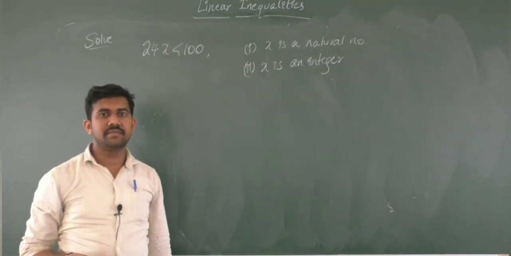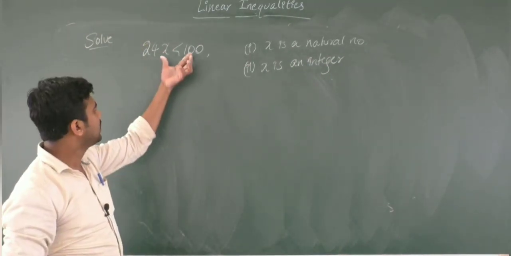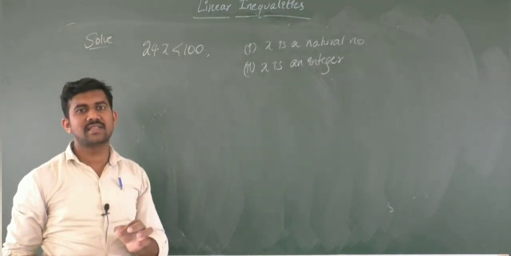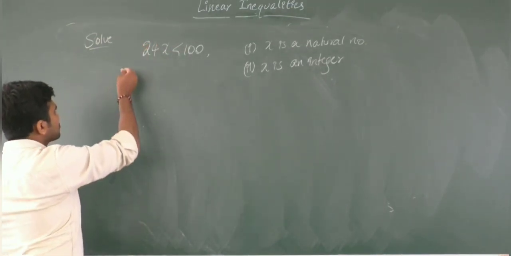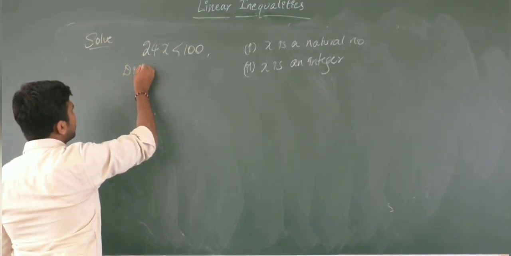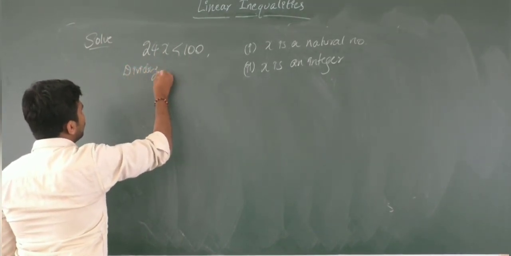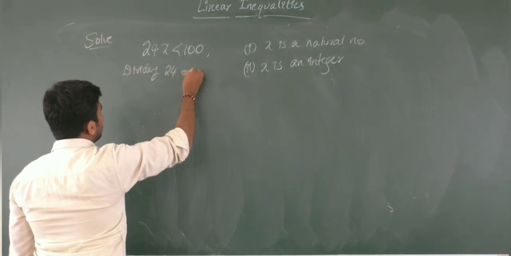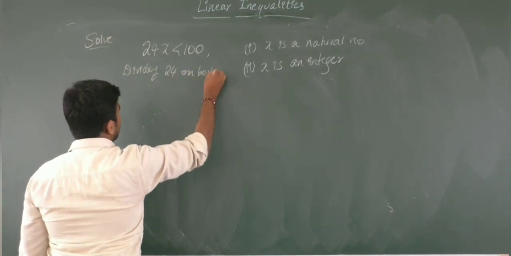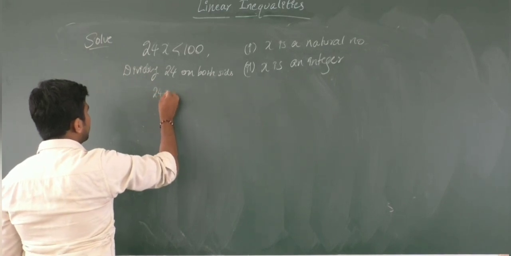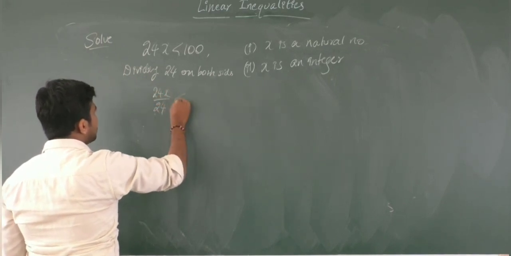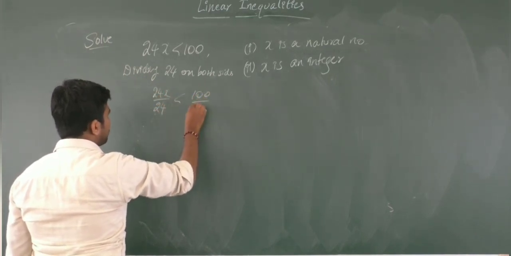See here, 24x less than 100. How to solve it? We need to find the value of x here. First we have to find the value of x, so use the rule here by dividing 24 on both sides. What will we get? 24x by 24 less than 100 by 24.